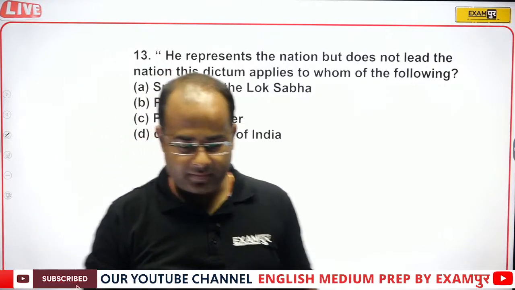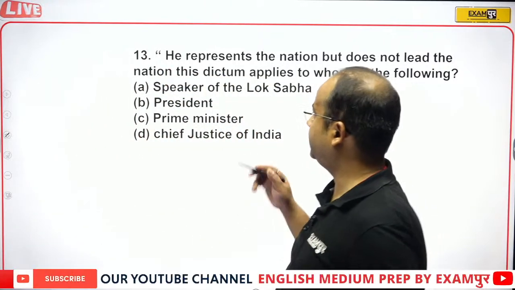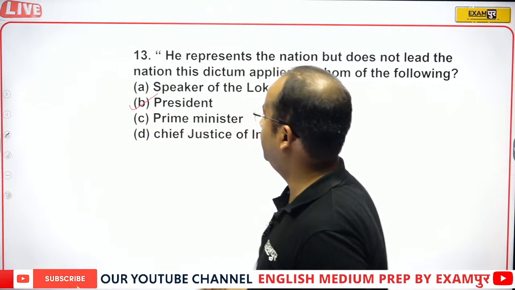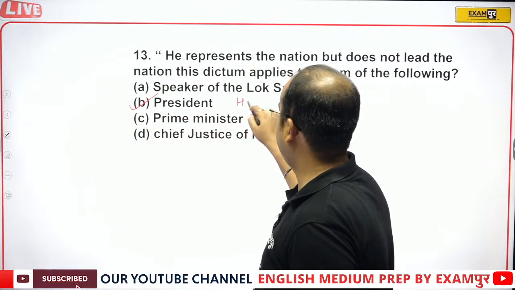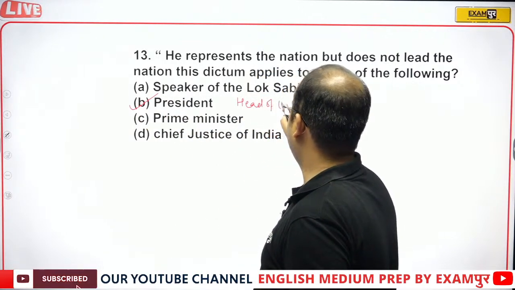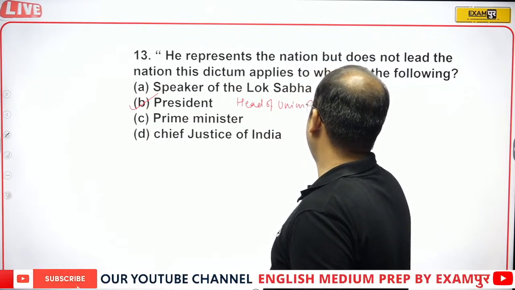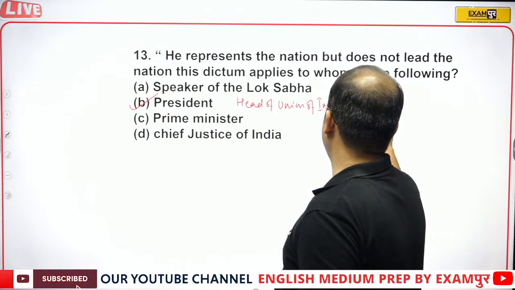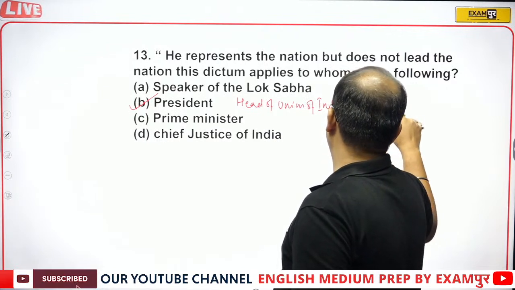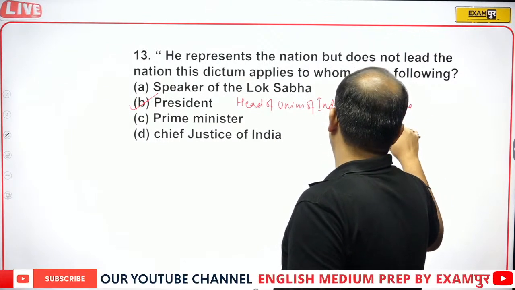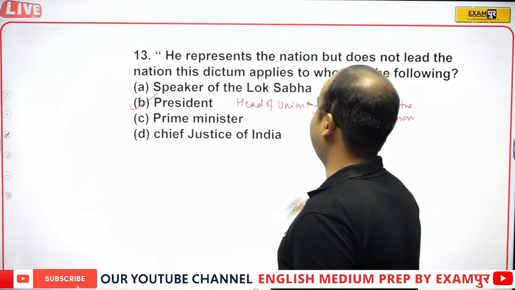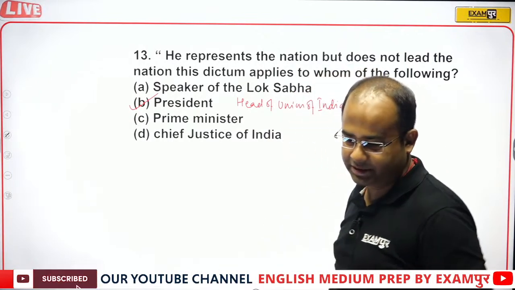Guys, the correct answer will be the President of India, because the President is the head of the Union of India, so he represents the nation. All the treaties, pacts and agreements are signed in the name of the President.